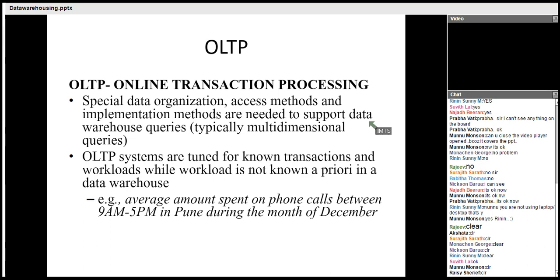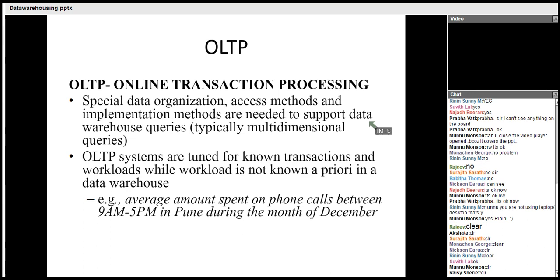Now what is online transaction processing? Online transaction processing involves the queries which are written. Suppose I want to extract or bring data from the data warehouse, I want purposeful, meaningful data. Suppose there is an employee in my organization, and I want to know how many calls he has made in the last month through his telephone or mobile phone.